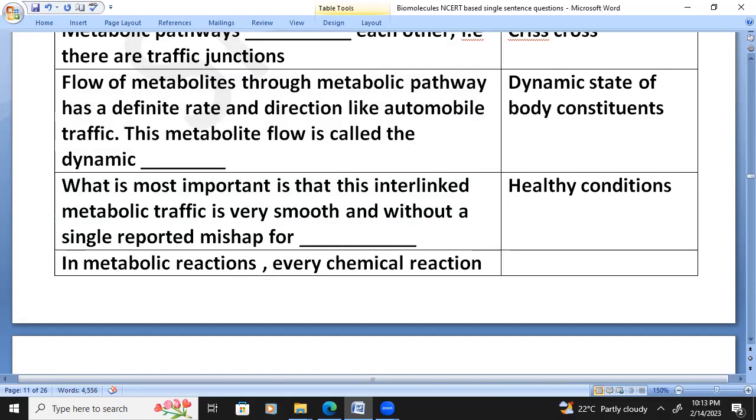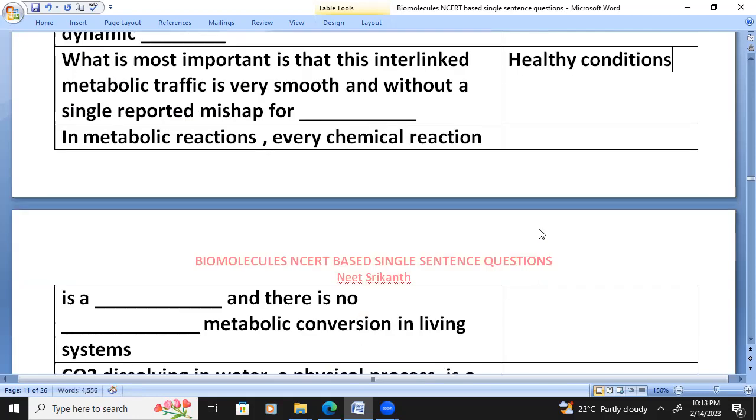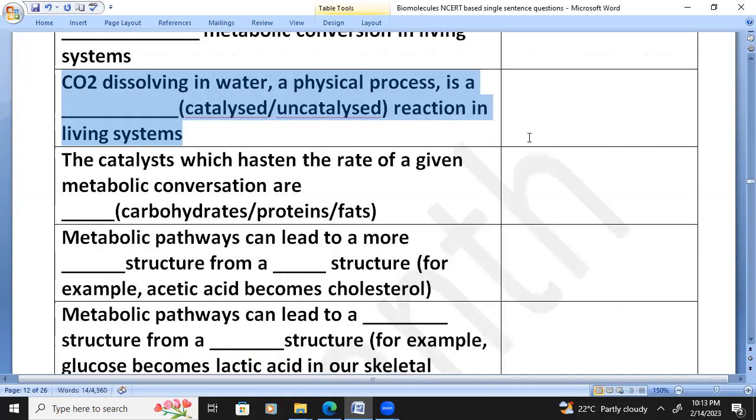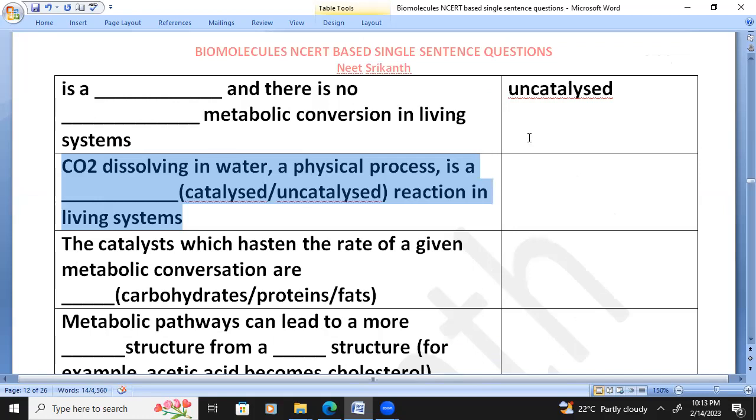In metabolic reactions, every chemical reaction is a catalyzed reaction, and there is no uncatalyzed reaction in living systems.